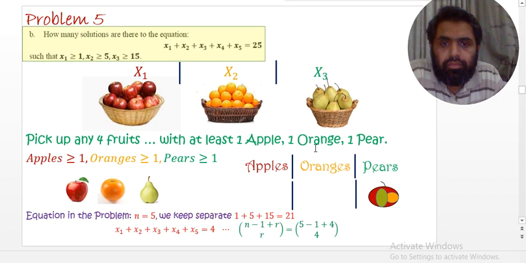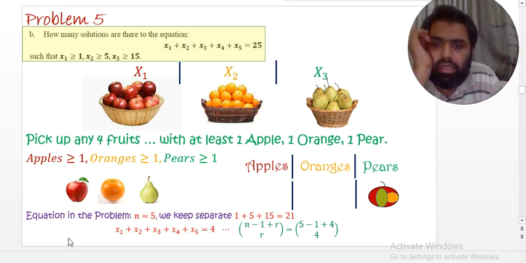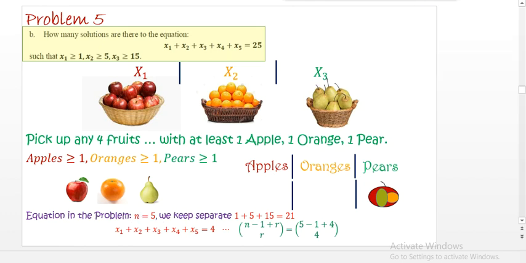That's fine. So now in our problem, I hope you can easily get it. In the problem we have, n is equal to 5. So the number of variables is equal to 5, x1, x2, x3, x4, x5.